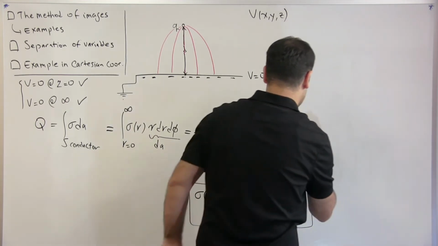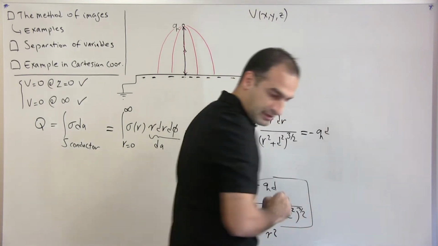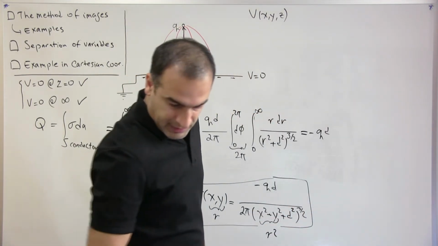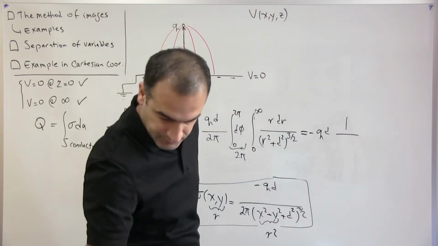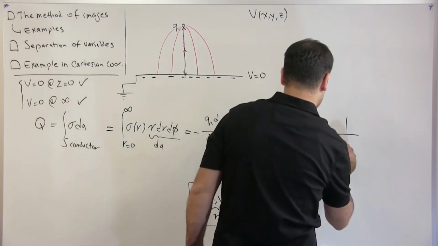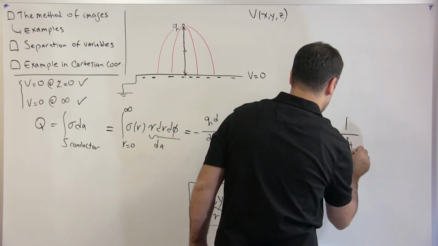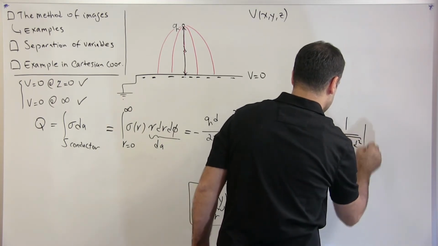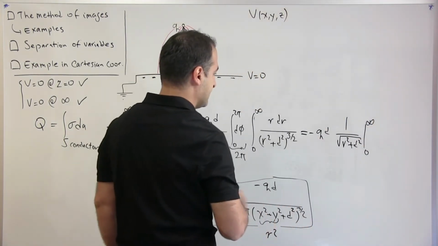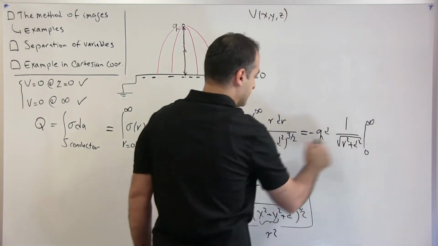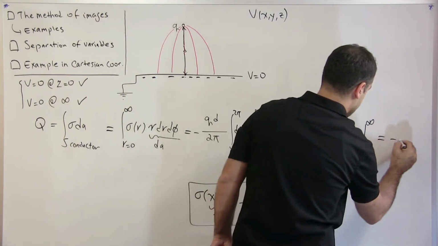Let me write it like this: negative QD times the integral, which is 1 over the square root of r squared plus d squared, from 0 to infinity. And the whole thing is 1 over D, so at the end we get negative Q.